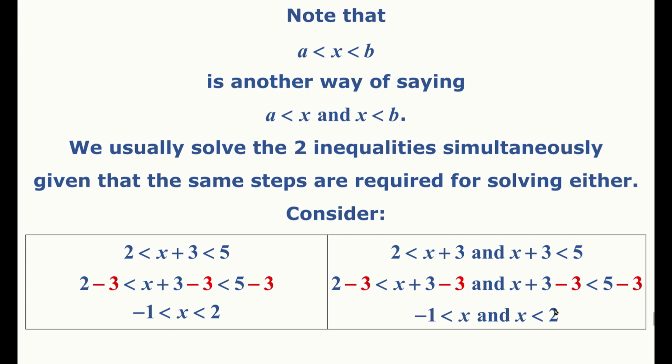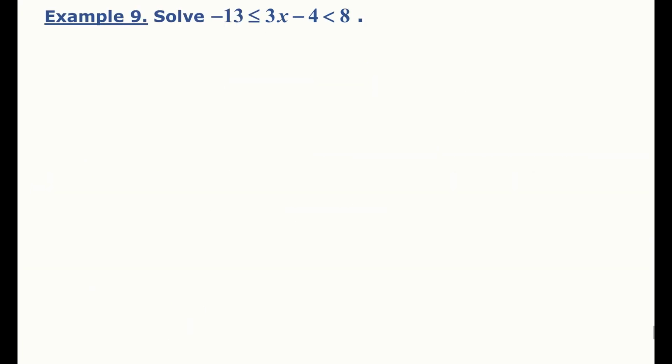And of course, if you lump those together, you just get this. So this is why, rather than breaking it up and doing it this way, we usually just handle these types of conjunctions simultaneously by just solving it as what we call a three-part inequality. Okay, so why don't you give this a try, see if you can manage it, and then come back to see if you did it correctly.